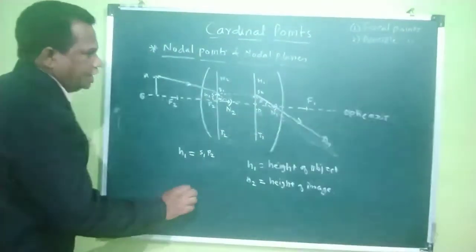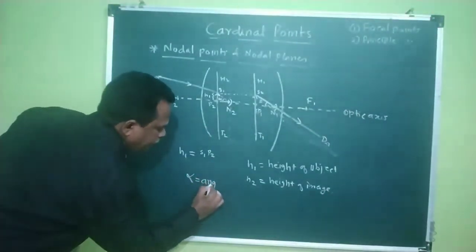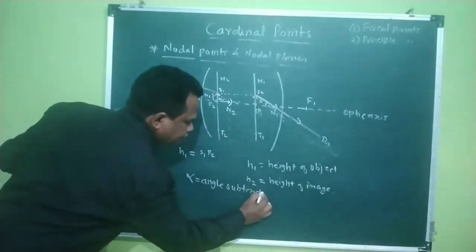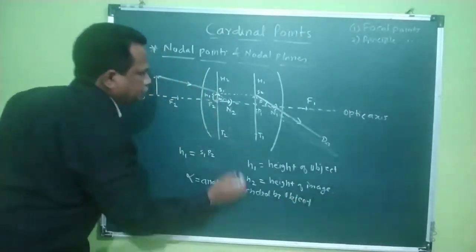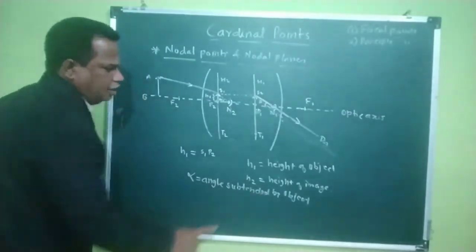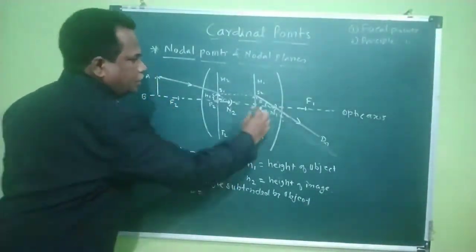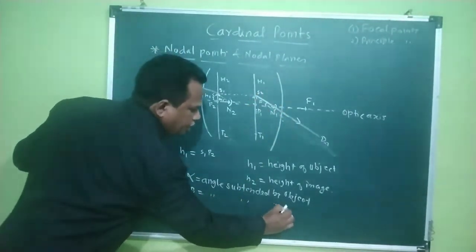So alpha is the angle subtended by the object. Similarly, beta is the angle subtended by the image.